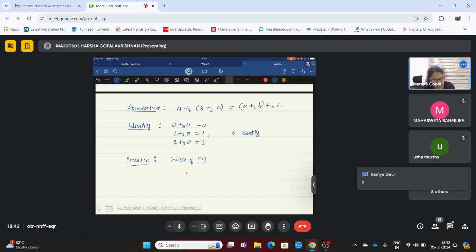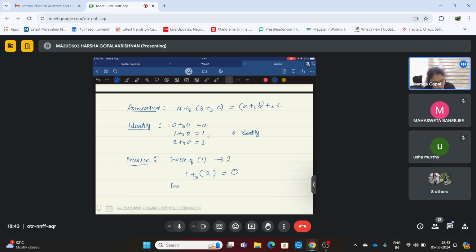For 1, I should have an inverse such that under addition modulo 3, adding 1 and that element gives the element 0. If I add 1 with 1, I get 2. If I add 0 with 1, I get 1. So the remaining possibility is 2. What is 1 plus 2? 1 plus 2 is 3, which is 0 in addition modulo 3. In the same way, the inverse of 1 is 2.